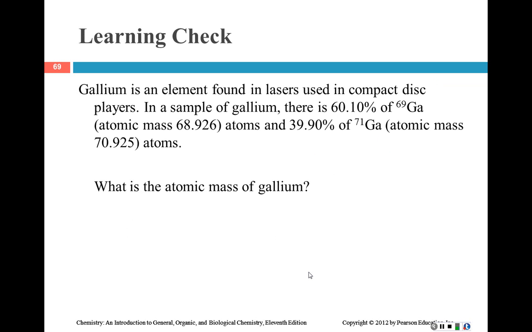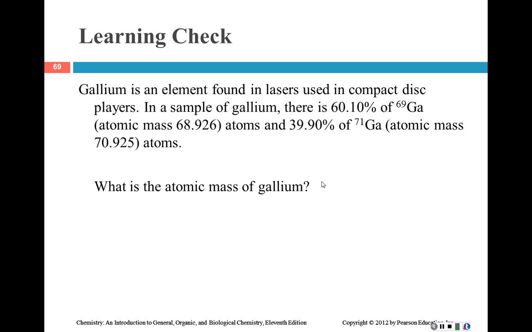All right, now here's how we do this one. Gallium is an element that we use in lasers for compact discs. In a sample of gallium, there is 60.10% of gallium-69, which has an atomic mass of 68.926, and 39.90% of gallium-71 that has an atomic mass of 70.925.